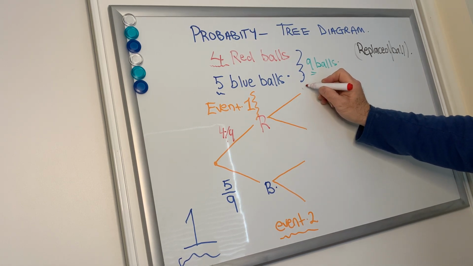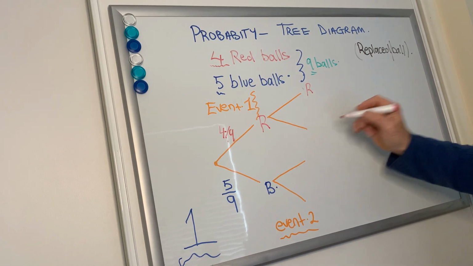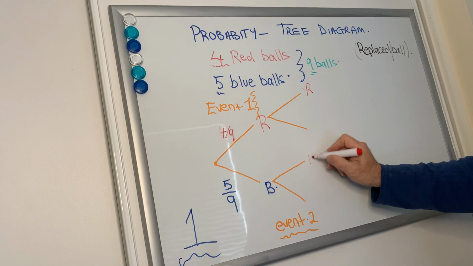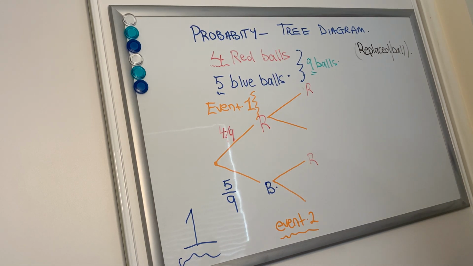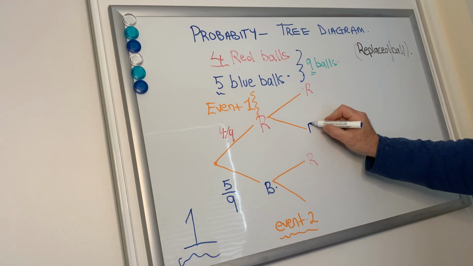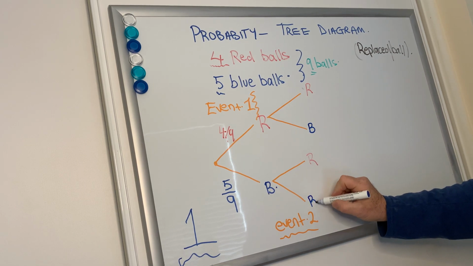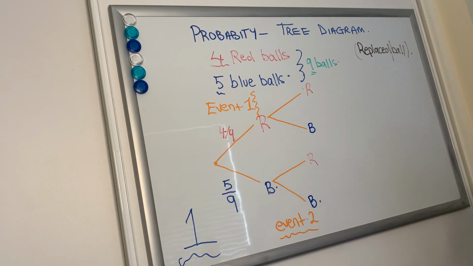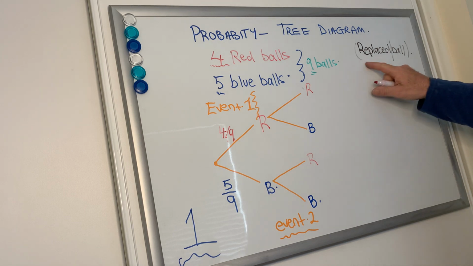So if this one here is red, and this one here is also red, this one is going to be blue, and this one is going to be blue. So the probabilities are going to be the same in both events, because we are replacing the ball.